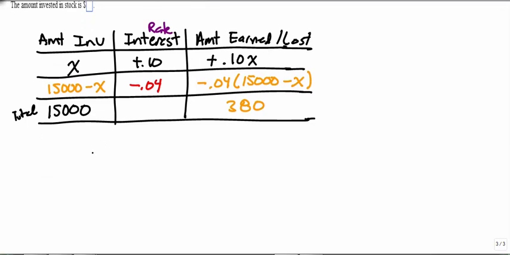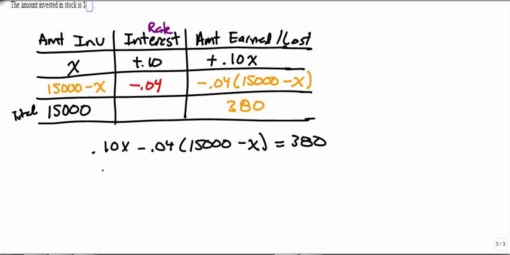So I have an equation. I have 0.10x minus 0.04 times 15,000 minus x equals the amount earned. So what we want to do is take this value of 0.04 and distribute it through the binomial. So here I'd have 0.04 times 15,000 is minus 600 minus 0.04x.